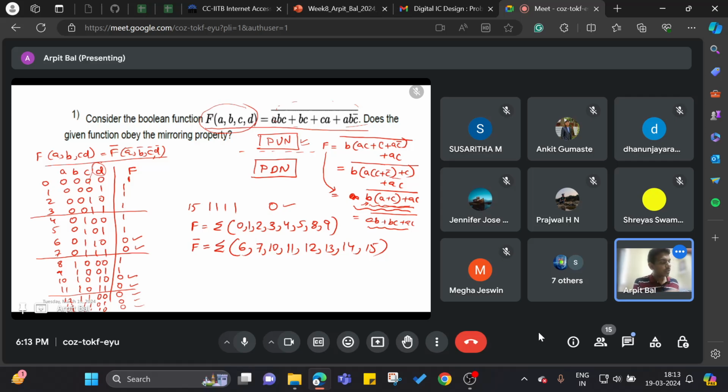Now our condition to observe whether it satisfies the mirroring property or not is to check if the complement of the inputs are taken, then are we able to get f bar? Are we able to get this condition satisfied? F is equal to f bar. So let's see.